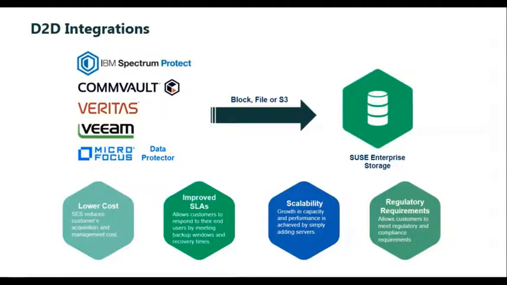He can scale SUSE Enterprise Storage using any hardware in any way, shape, or form he wants. And he also gets the flexibility to meet his compliance and regulatory requirements by creating a WORM over a certain section of storage or the entire SUSE Enterprise Storage to meet his business compliance requirements.